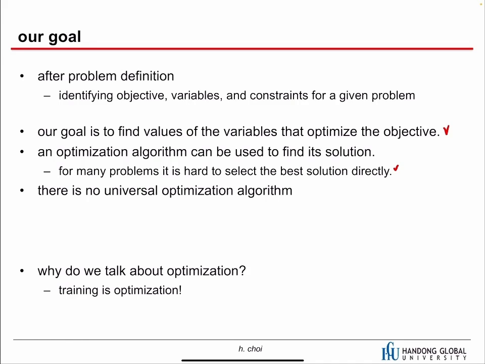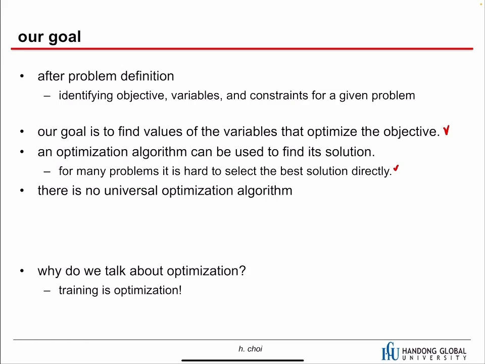In that case, we can update the parameters iteratively, and then we can converge to the optimal value gradually. So in this chapter, we are interested in that kind of problem. We cannot find the best solution with one equation. We have to update the parameters many times.